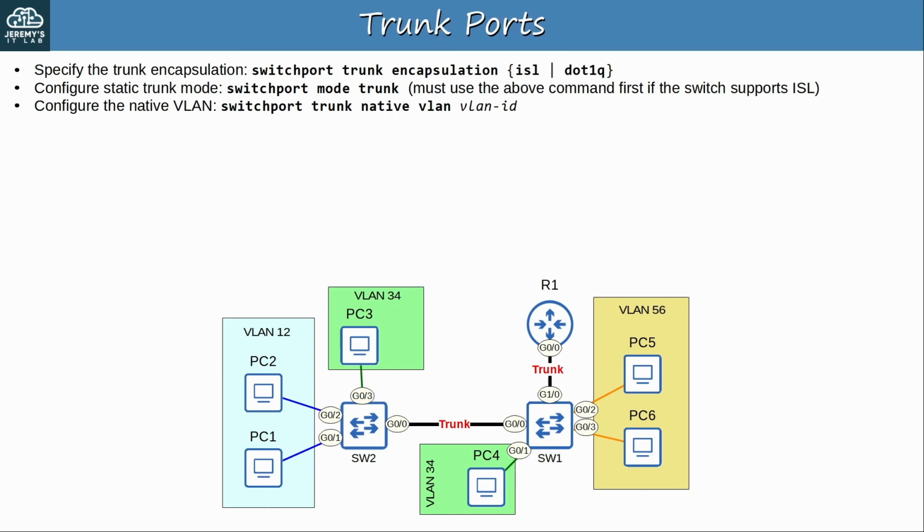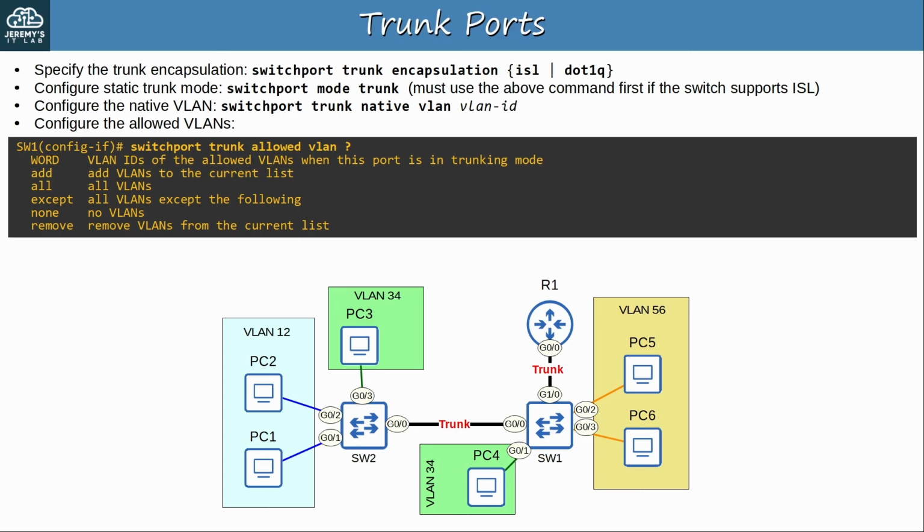And you can configure the native VLAN with switchport trunk native vlan. Again, it's best practice to configure an unused VLAN as the native VLAN, to avoid VLAN hopping attacks. All VLANs are allowed on trunks by default, but it might be a good idea to limit which VLANs are allowed on the trunk with switchport trunk allowed vlan, followed by one of the options shown here.